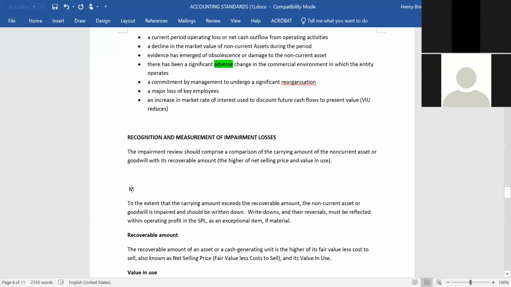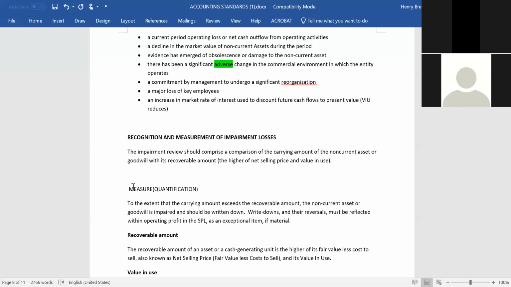If I want to measure or quantify what to record in the statement of financial position, impairment testing will affect your P&L also, right? And it will reduce the value of the property in your statement of financial position.